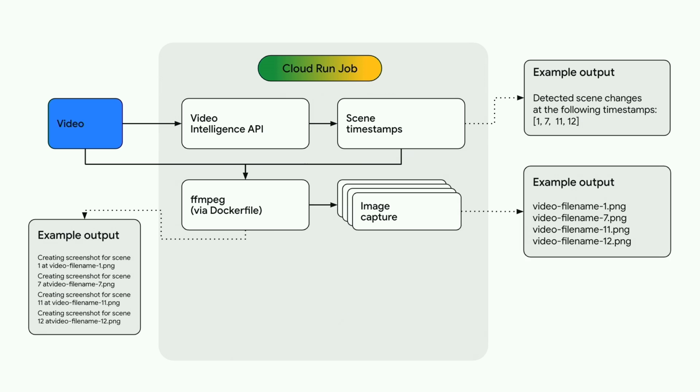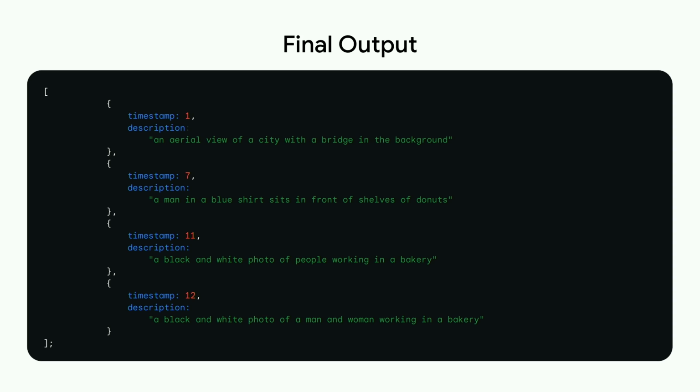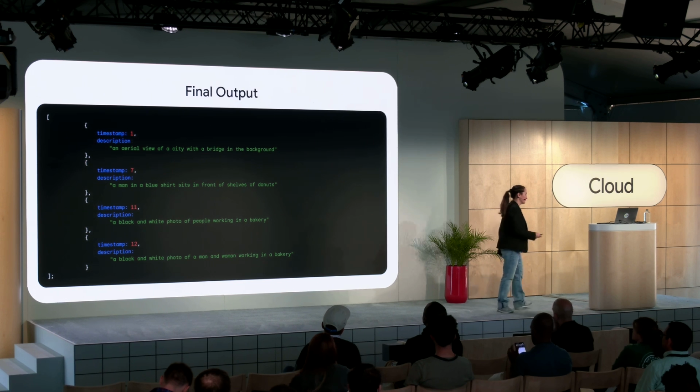And lastly, the screenshots are then sent to the image text model to produce a visual description of each scene, as shown here in the final output. So we're going to detect the scenes, get those timestamps, and then get a description of the image at each one of those scenes. So let's see demo 3.